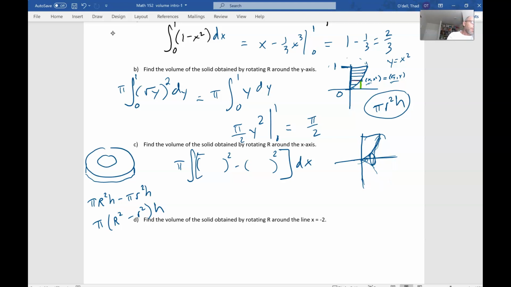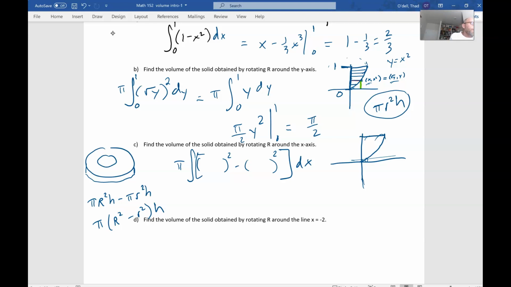Now I'm going to erase all this so I can see it better, because when I start drawing all this stuff in here, it gets real fuzzy. Okay, so let's redraw this. I need to find a big R and a small r. Now notice the big R is from the line of rotation to the outside edge.